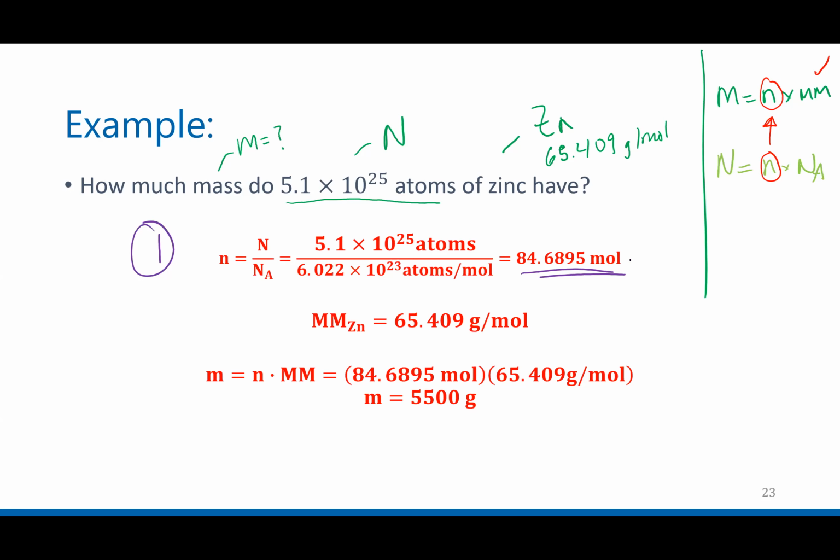If you don't know what to do, calculate moles. Somehow use one of your formulas to find moles. And that is basically your first step in most problems.